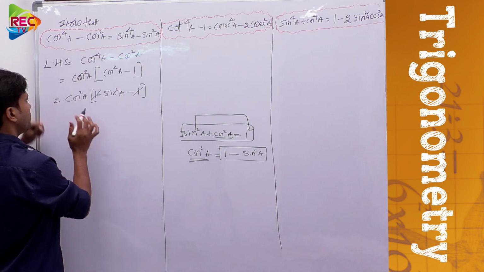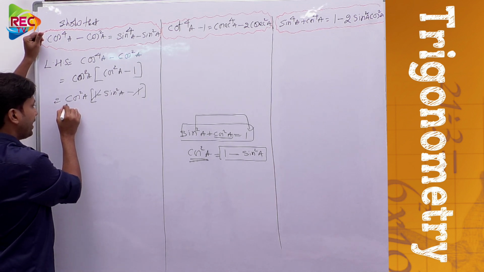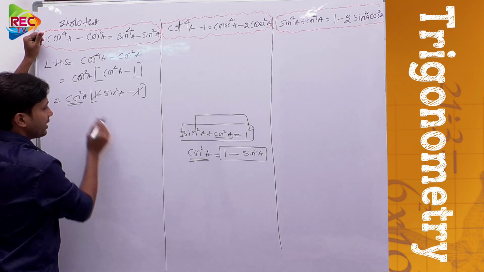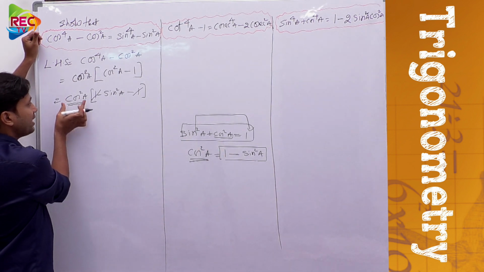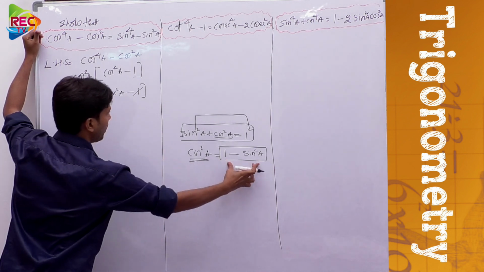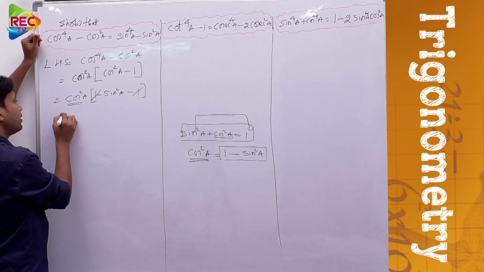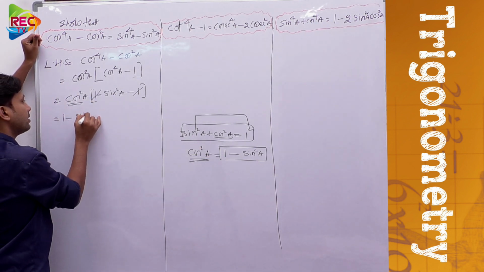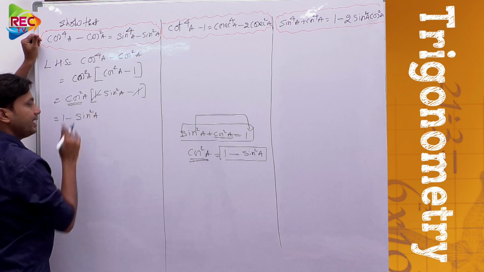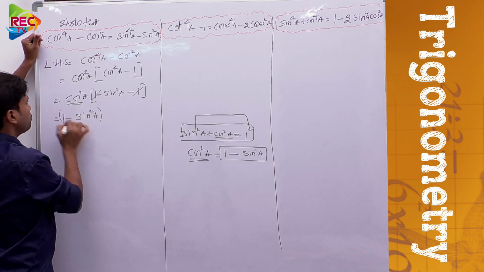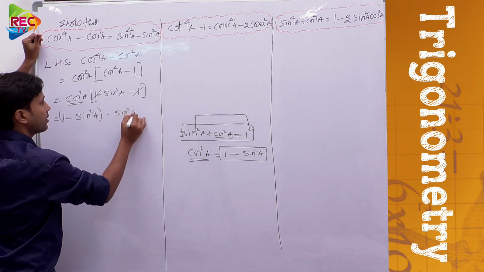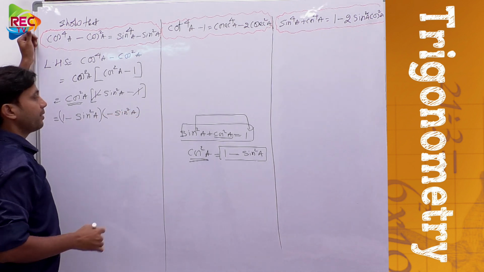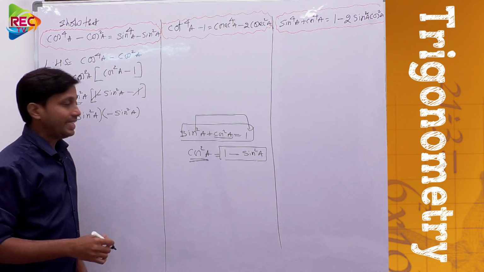Now just see here again, how can we write this cos square a? Again 1 minus sin square a we can put here, or not? We can replace this cos square a with 1 minus sin square a. So 1 minus sin square a into, this is minus sin square a.